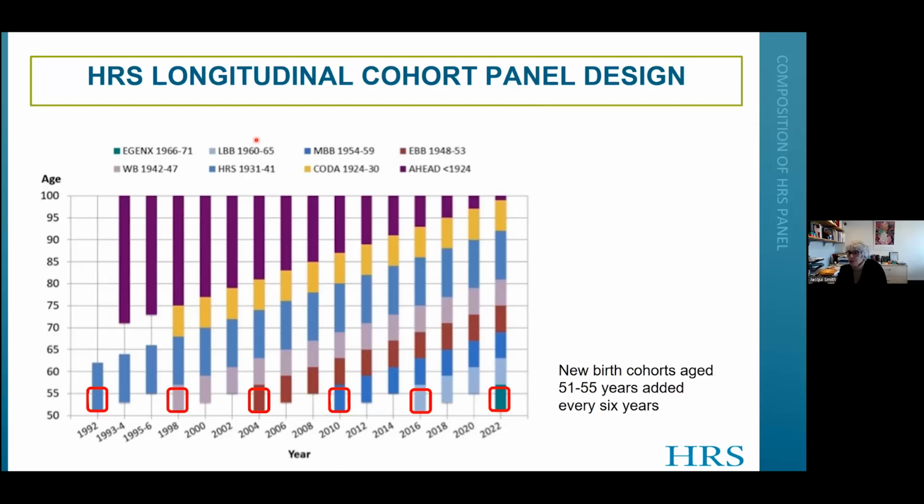That's a very large chunk of the US population. And now we're up to the so-called early Gen X. I don't know if anybody is in that birth cohort yet, but we keep on adding, right?